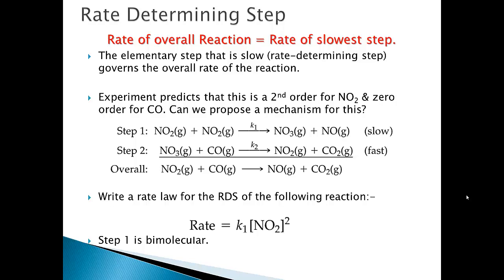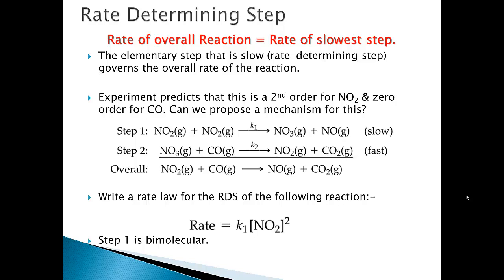Let's have a look at what the mechanism might be, because it's second order in NO2 and zero order for CO. Okay, so what that must mean is that perhaps two NO2 molecules are first reacting, and that's going to be the slow step, and then, well, it's going to be zero order for CO because that's the fast step. And because it's the fast step, the concentration of CO in solution isn't going to affect the overall reaction rate.